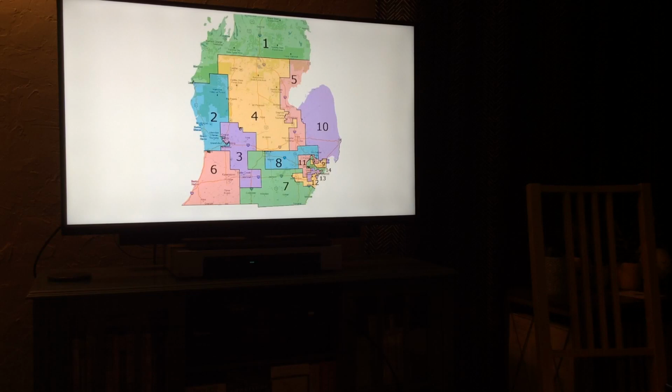And in most states, these lines are actually drawn by the state legislatures. So the state of Michigan, House of Representatives and Senate, votes on not only their own districts, because there are state versions of these districts as well, but also on the districts for Congress.